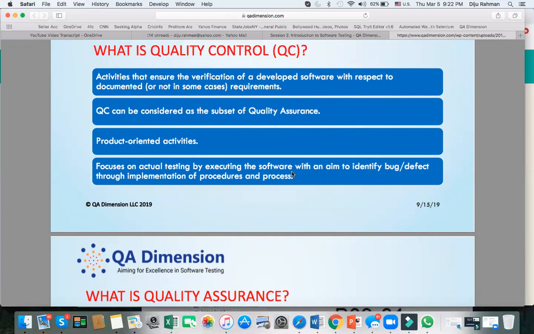As part of these activities, you are making sure the quality of the software increases. When you find issues and fix them, you make sure the quality of that product or software is intact. Whatever you are doing to make your software highly operable and of high quality also counts as quality control.